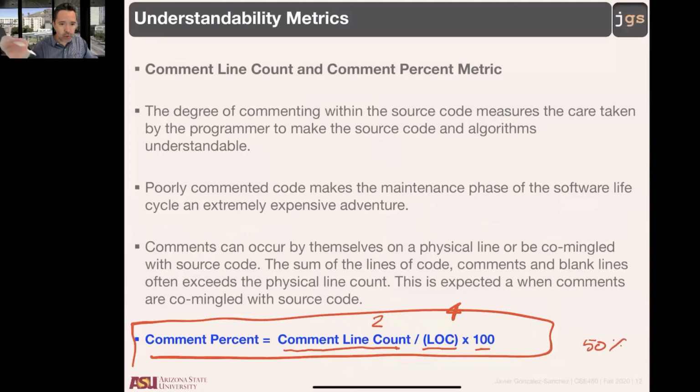Question, guys, good or bad? 50% of a program is documentation, comments. That is great, perfect, or something is wrong? Okay, great. I know that in CSI 110, when you start learning programming, they told you, please put comments. Comments are your friends.